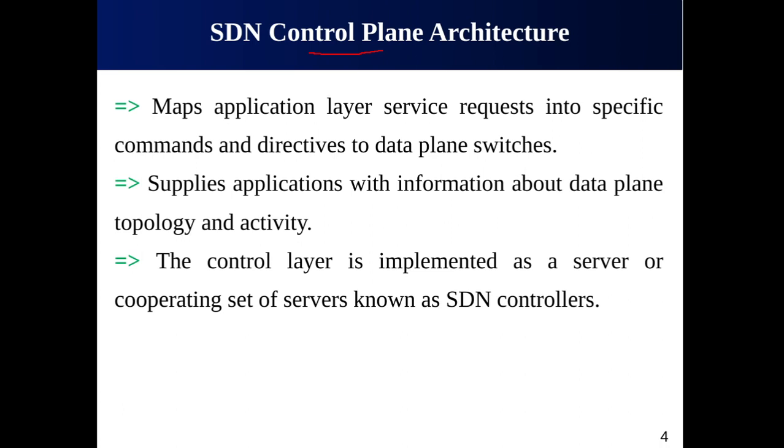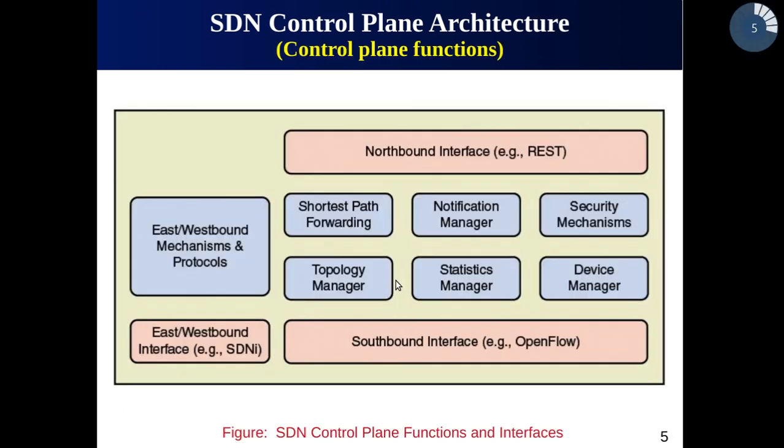Now the basic control plane functions. Here in this figure you can see different functions of the control plane. This figure illustrates the functions that are performed by the SDN controller. What are those functions? Some of them are like the shortest path forwarding, as the name indicates.